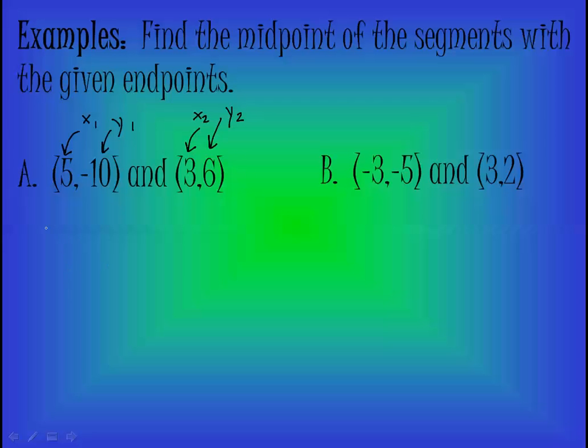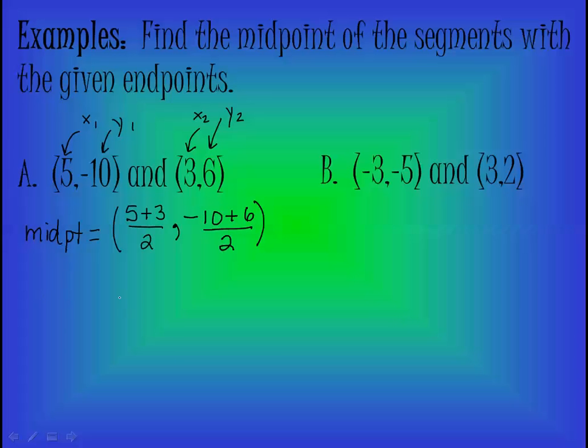So according to my formula, in order to find the midpoint, we're supposed to take x1 plus x2 and divide by 2. We're also supposed to take y1 plus y2 and divide by 2.